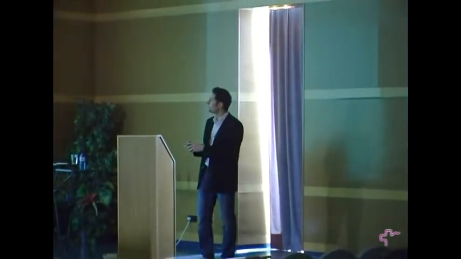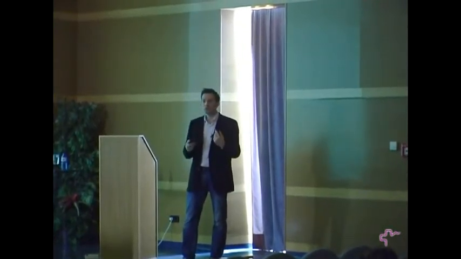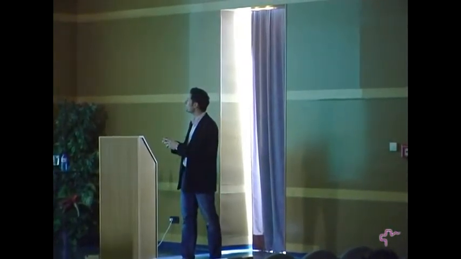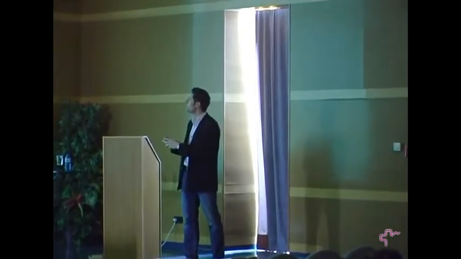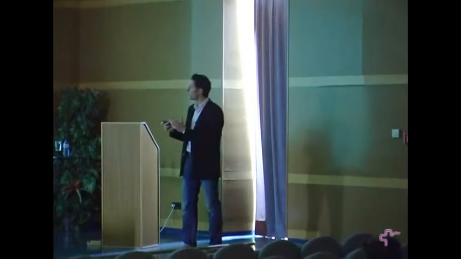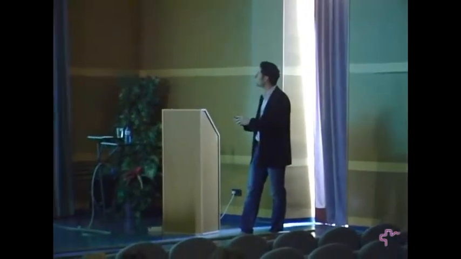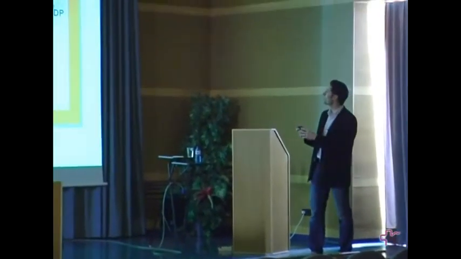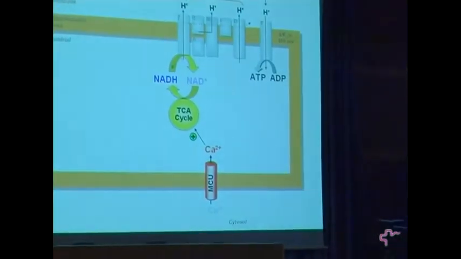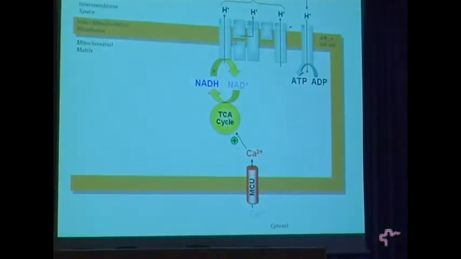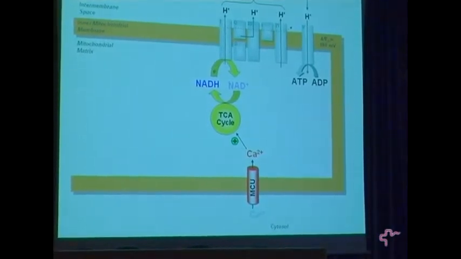Calcium can stimulate three rate-limiting enzymes of the Krebs cycle to increase the turnover rate of the whole TCA cycle, and this accelerates the regeneration of NADH from NAD+. So these two regulators, ADP and calcium, can control respiration from upstream and downstream and maintain both the ATP-ADP ratio, but also the redox state of NADH and NAD+, in order to have enough supply for respiration.